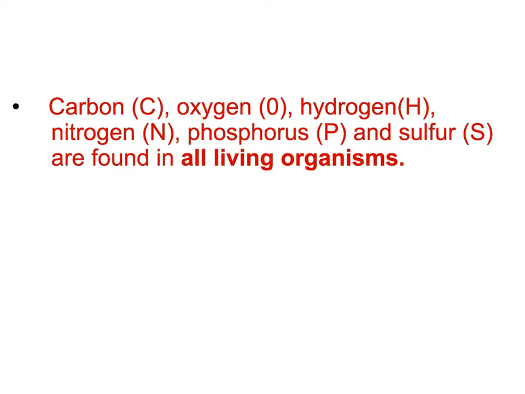Carbon, oxygen, hydrogen, nitrogen, phosphorus and sulfur are found in all living organisms because living organisms need water, and water is composed of hydrogen and oxygen. Also, carbon is the main element.